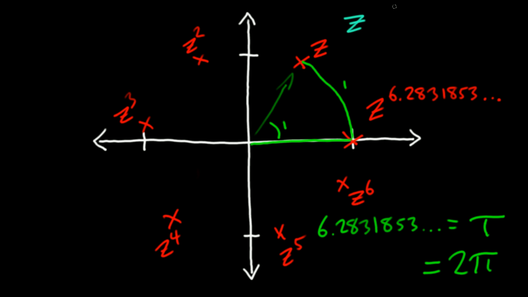And this particular z happens to be equal to e to the i, where e is Euler's number, 2.71828, and so forth. You might have heard of this number before.